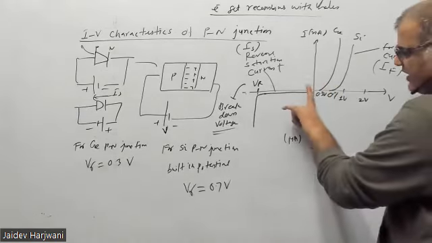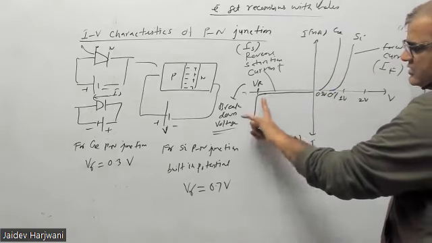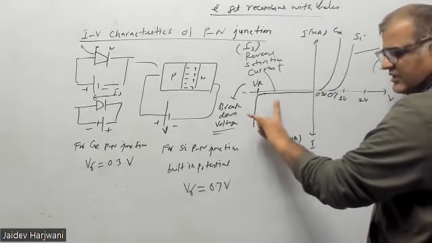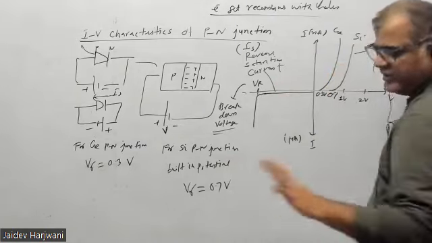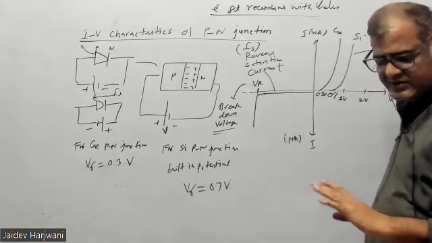Similarly, when it is reverse biased, the current is constant and negligible, so I can say my diode is not flowing any current, that is, I can treat it as an open circuit.